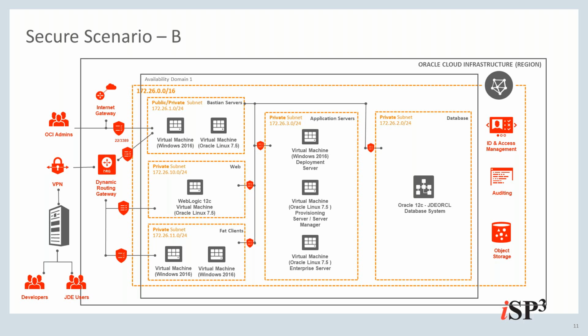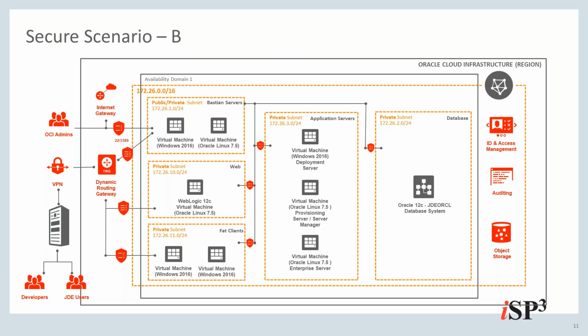Otherwise, if you do not want to have a backdoor to your cloud, you can define your Bastion server as a private subnet, and you can completely eliminate this whole top section here. Other than that, on the left-hand side, you have your on-prem or your data center.